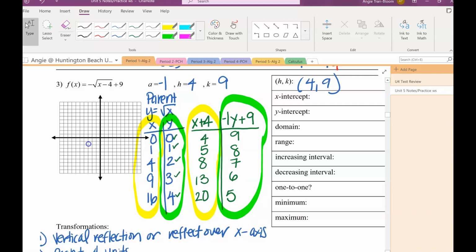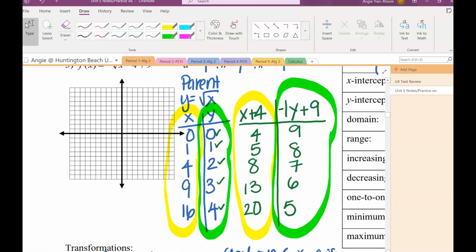So let's plot our new values. 4 is now going up to 9. 5 is now going to 8. 8 is going to 7. 13, I am going to extend my grid a little bit. 13 is going to 6.